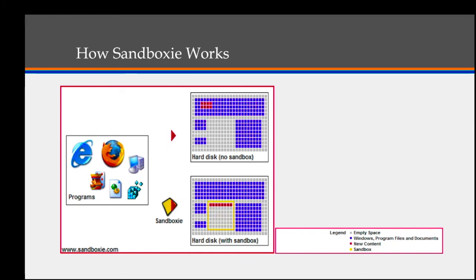If any program executes in the no-sandbox hard disk environment, the program can occupy any random memory. But where the sandbox is installed, it can only occupy the virtual memory allocated by Sandboxie. So your whole hard drive is not going to be infected by this computer virus.